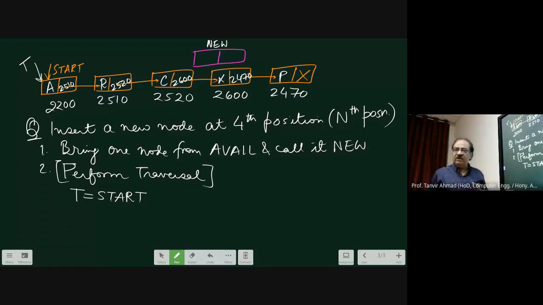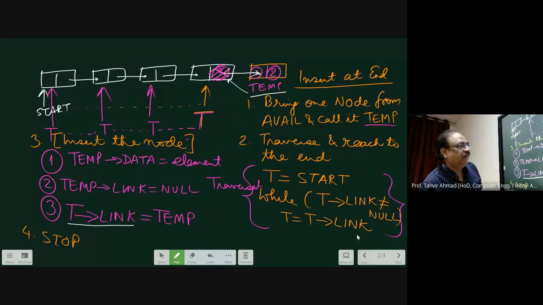Therefore, the traversal method which I did in the last slide, just modified. At that point I wrote that while T of link is not equal to null. But here not equal to null will not be correct. You have to move only a finite number of times, n minus 2 times.